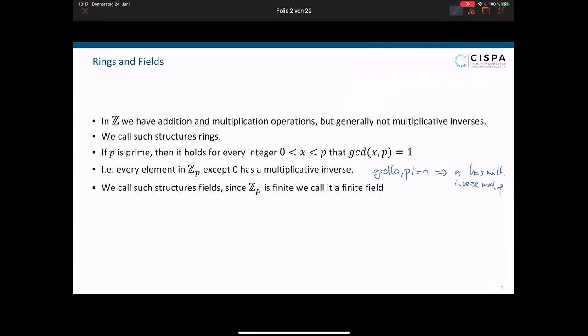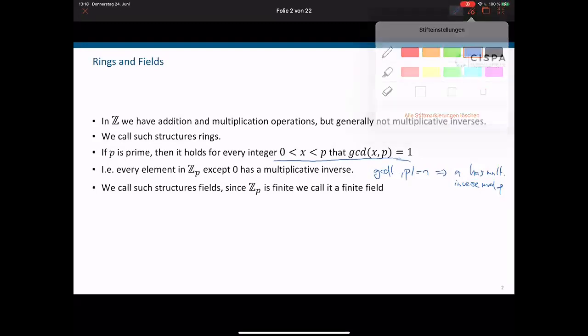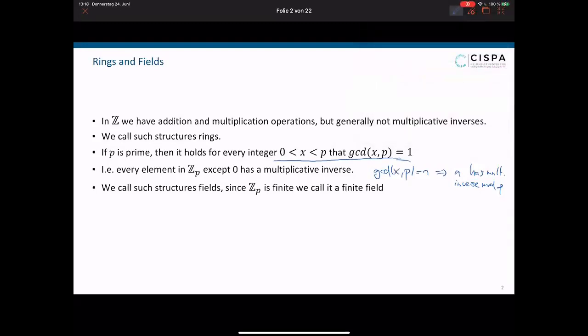Okay, but now, let's not call it a, let's call it x, like up there. Now we know that every non-zero x smaller than p has a GCD of 1 with p, and therefore it has a multiplicative inverse.